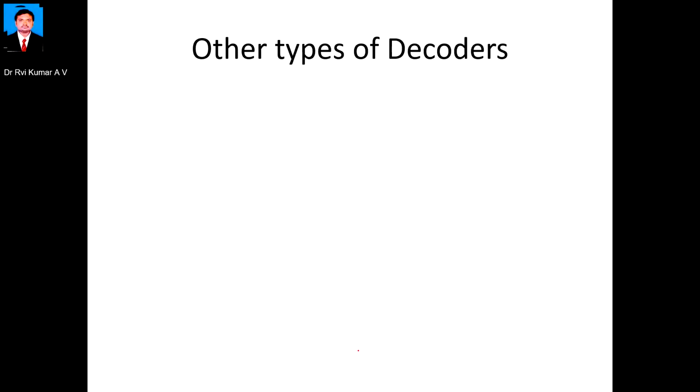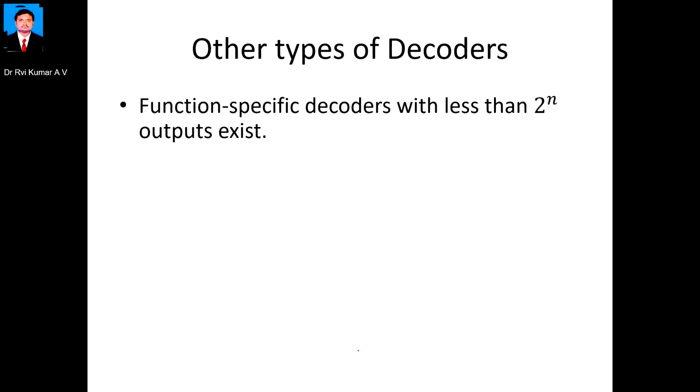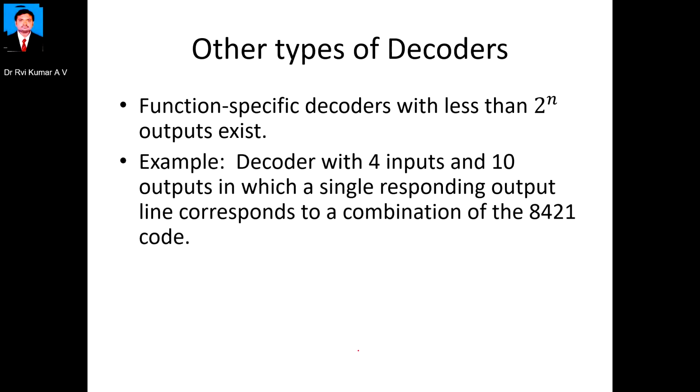We'll see the other types of decoder. A function specific decoder has fewer than 2 power n outputs. For example, a decoder with 4 inputs and 10 outputs, in which a single responding output line corresponds to a combination of the 8421 code.